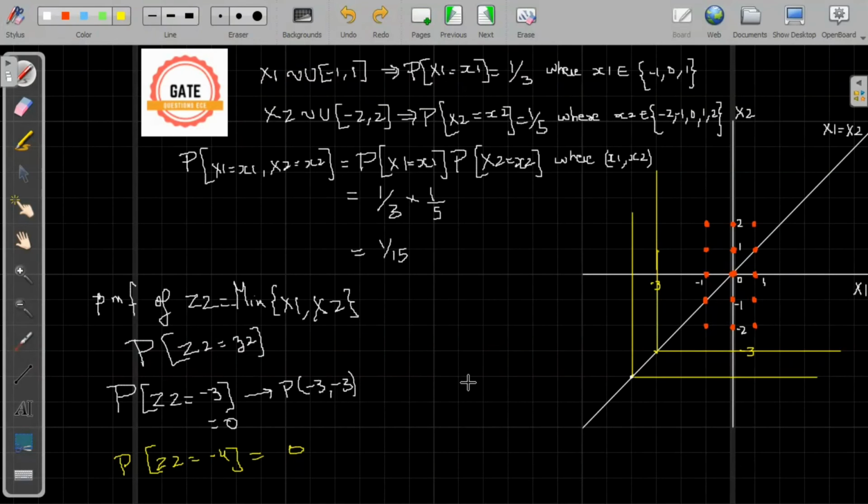So that boundary corresponds to the probability that Z2 is -2. So let's draw the boundary for this probability. So it will be this boundary.